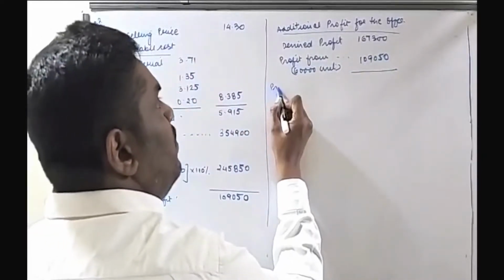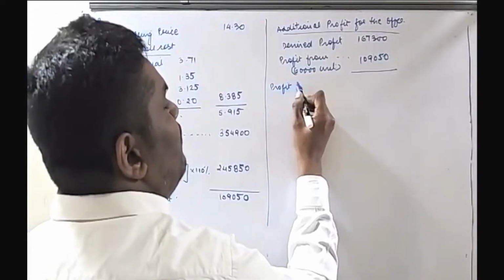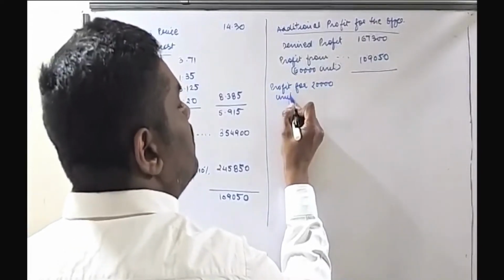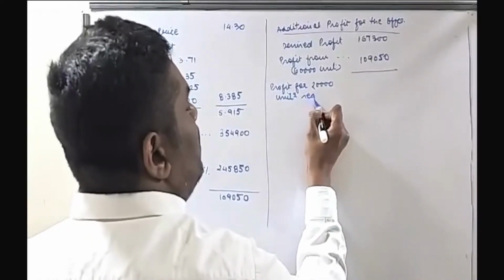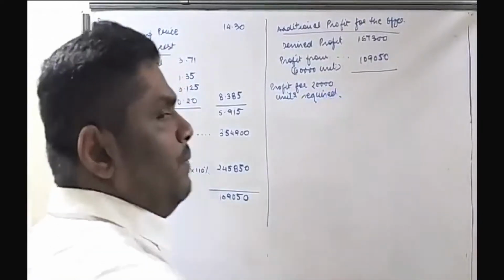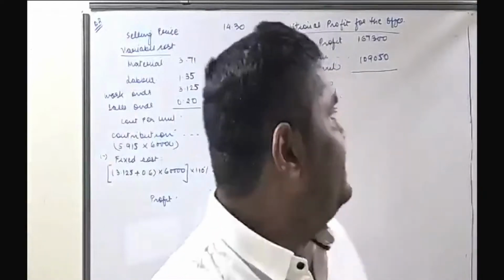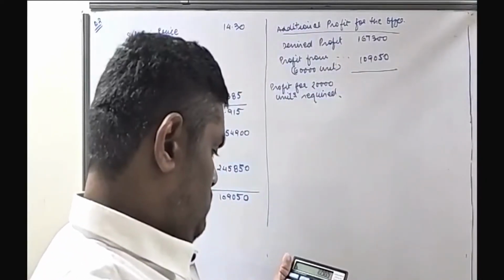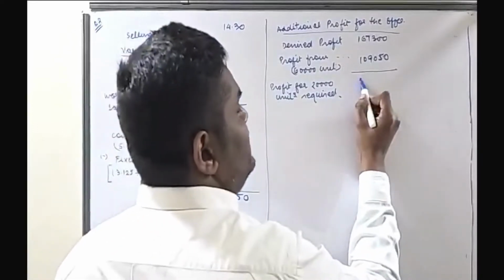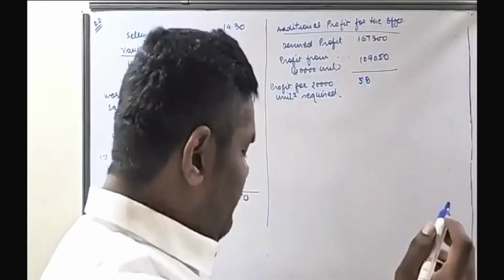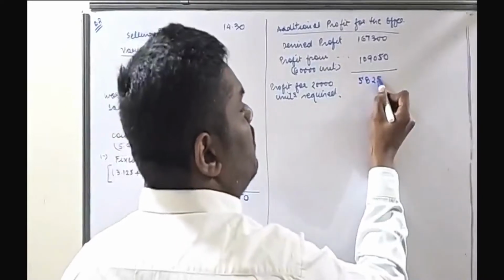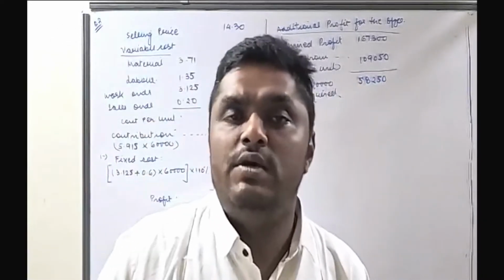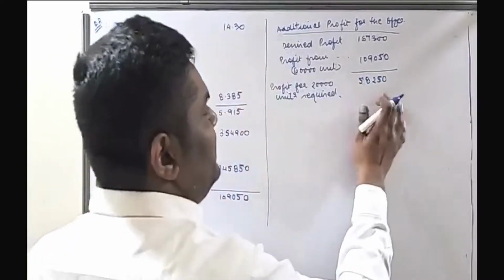So profit for 20,000 units required. So how much profit do we want for 20,000 units? Very simple. From these 20,000 units, how much do we want to earn? 58,250.